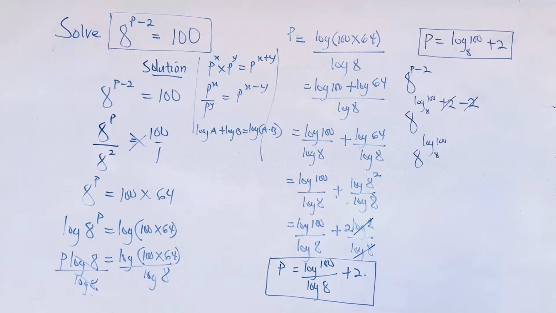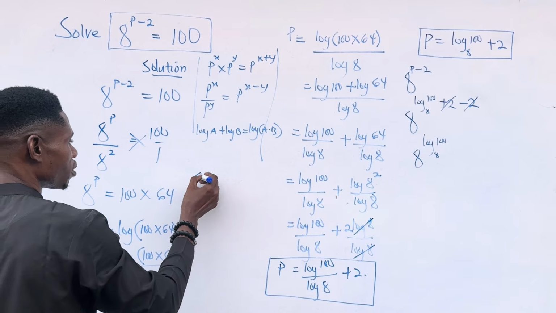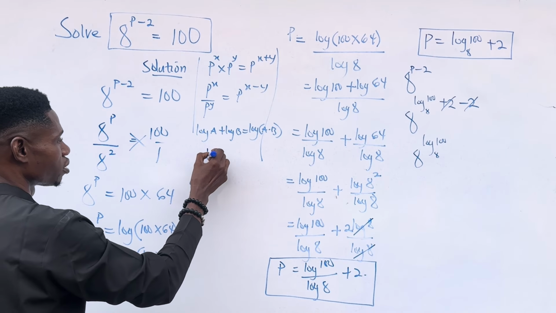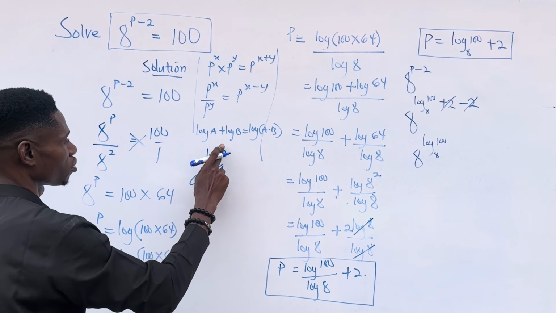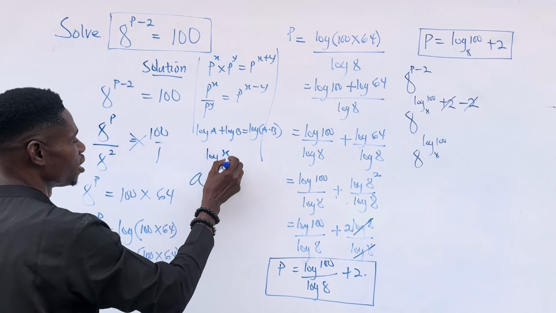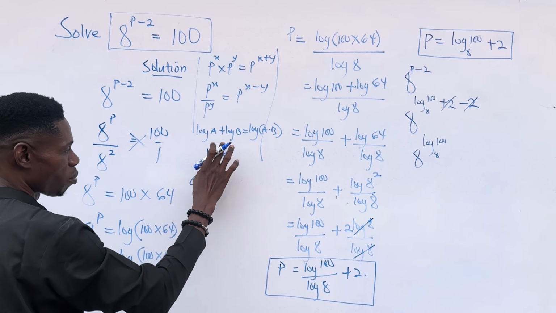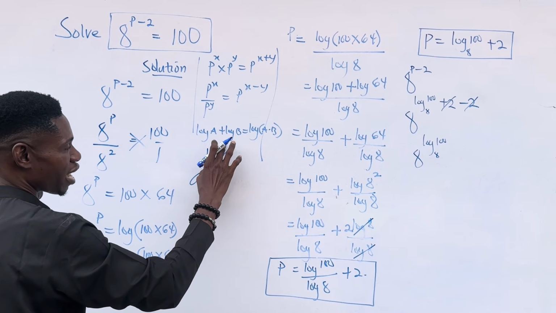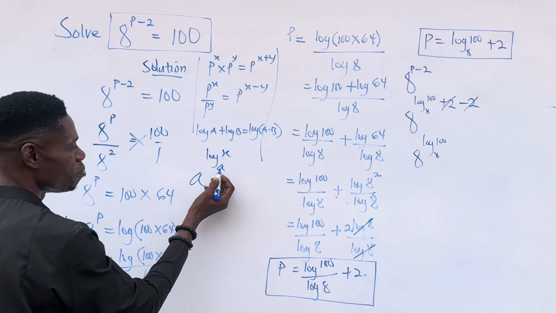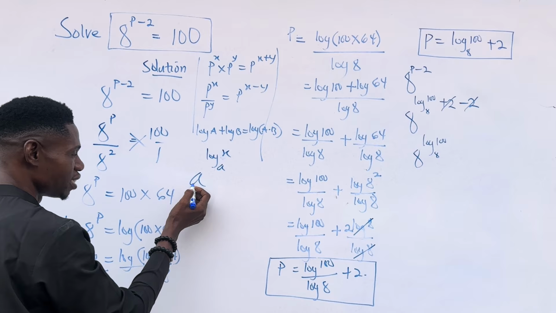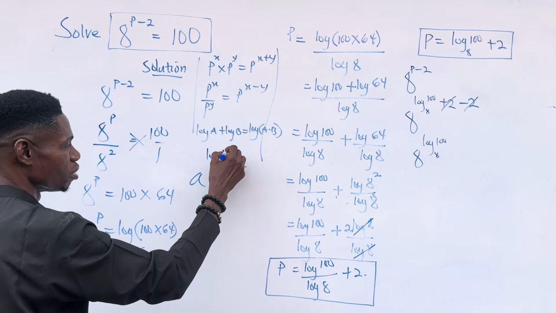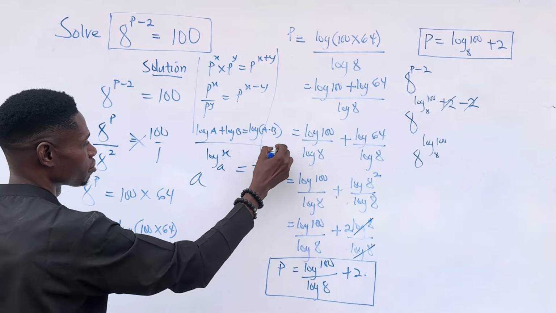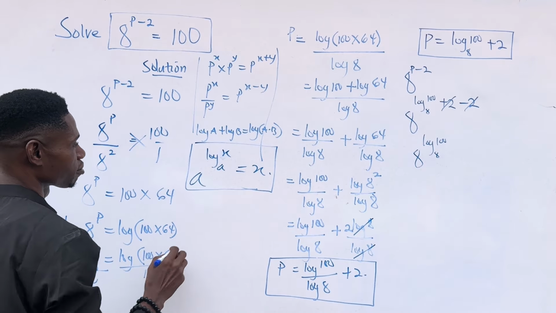Now there's this law that says if you have a number with a power and the power is a logarithm, and the base of that log is the same as the number whose power is the log, the answer is simply the argument. Let me use x.